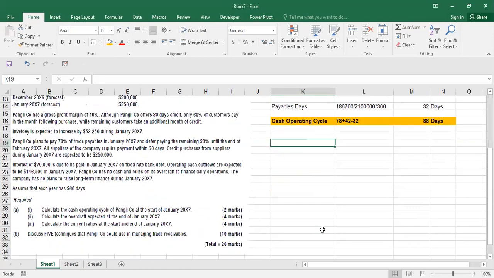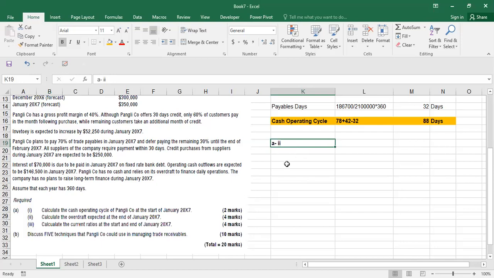Part 2, I call it A2 like this. It says, calculate the overdraft expected at the end of January 2007. Now, this is important. How much overdraft do you need at the end of January 2007?